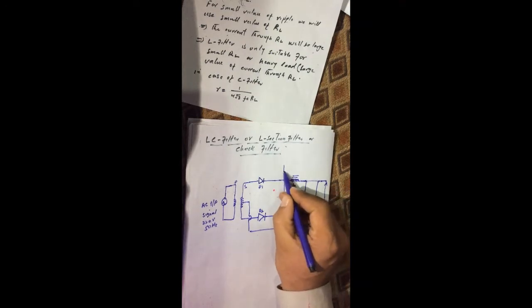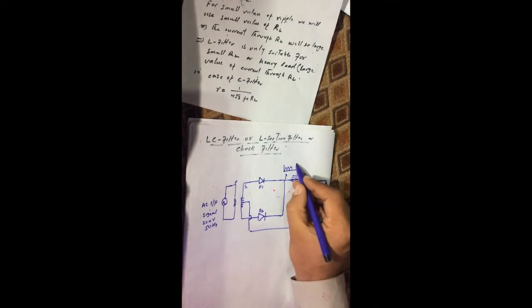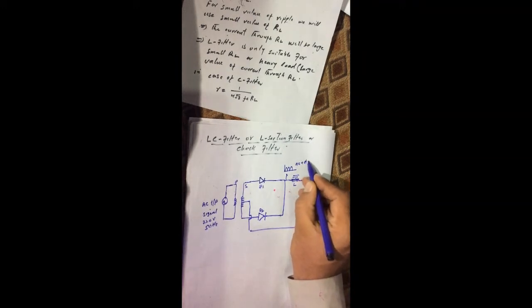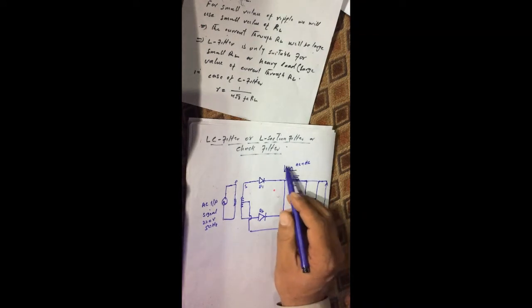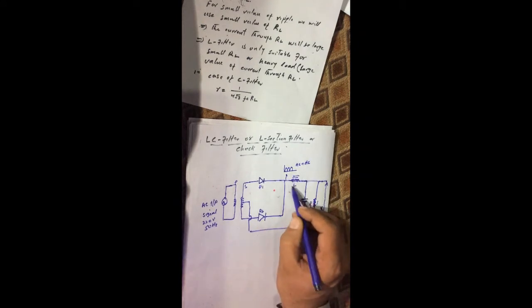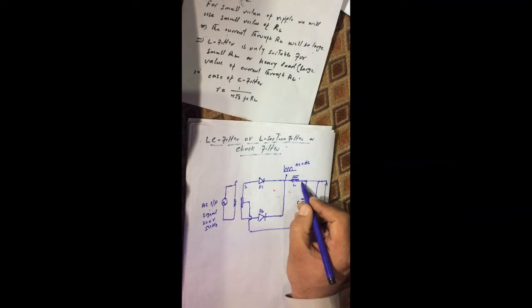Here the output contains both AC and DC components. Now once this pulsating current or ripple DC current, which contains both AC and DC components, passes through this inductor, then this inductor blocks the AC current and allows the DC current.